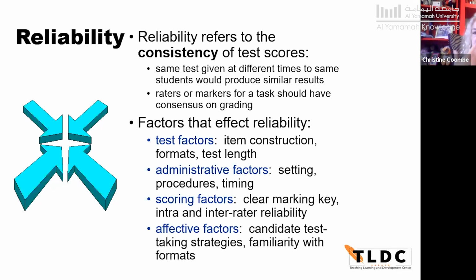Students have to be cool and comfortable. These kinds of things have implications for administrative factors, especially when students are taking tests online at home, where we can't be sure that the setting they're in is conducive to test taking reliability.